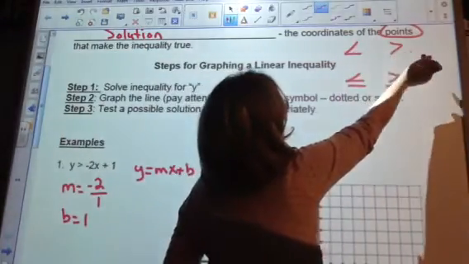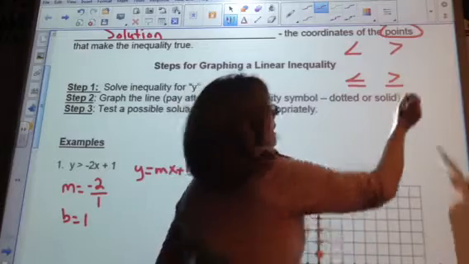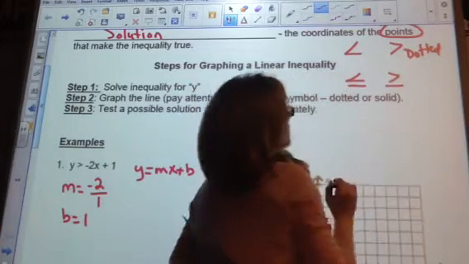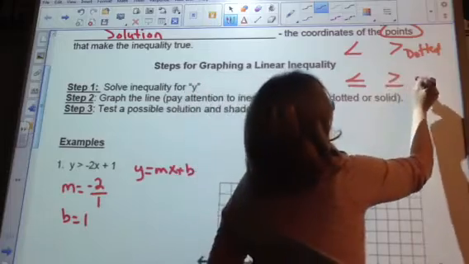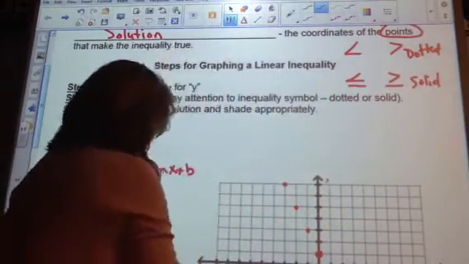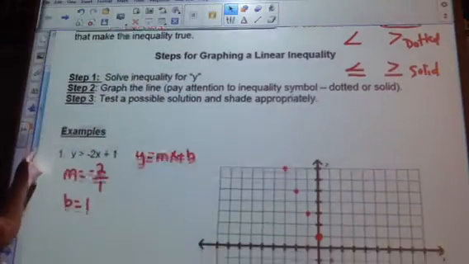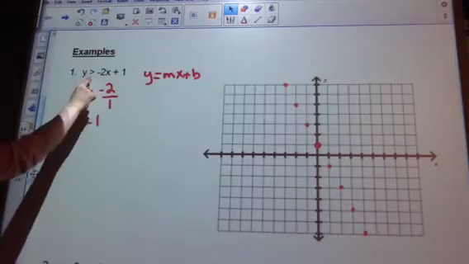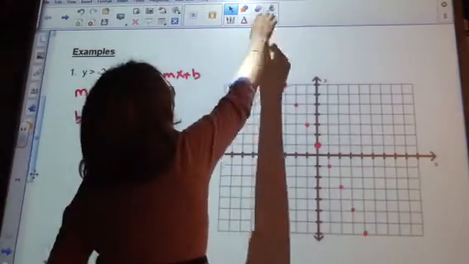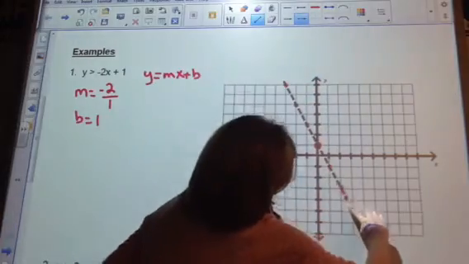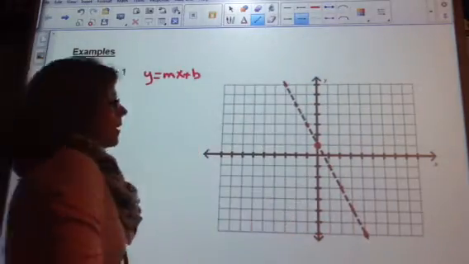The less than or greater than is not going to include the line, so you're going to have a dotted line. If it's less than or equal, you are going to include that line, and it's going to be solid. And I'll show you that when we test some points on this coordinate plane, okay? So, I have greater than, so it's going to be a dotted line. The solution is not going to include that line.